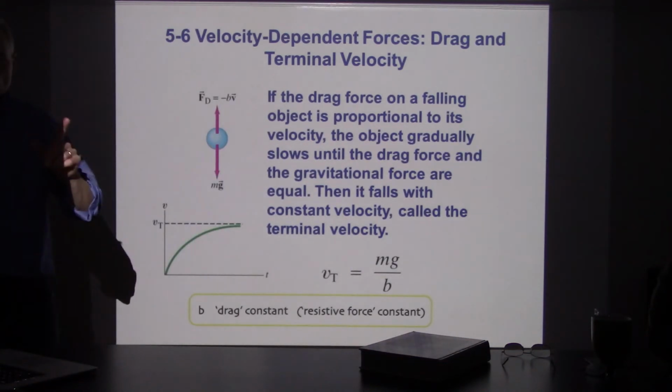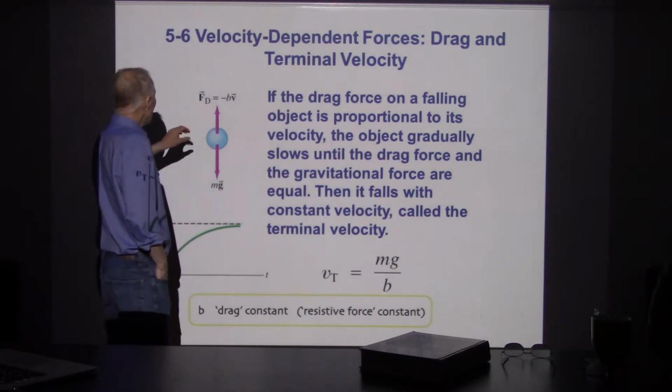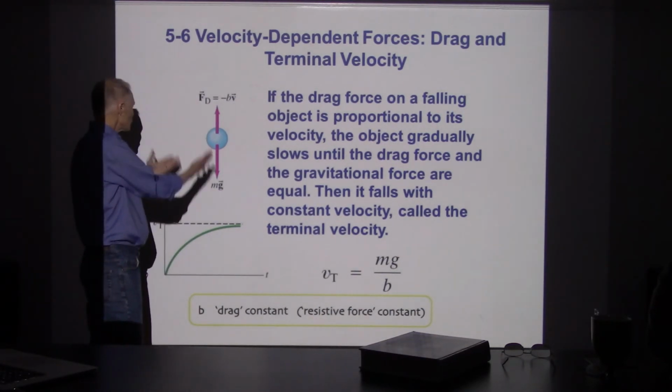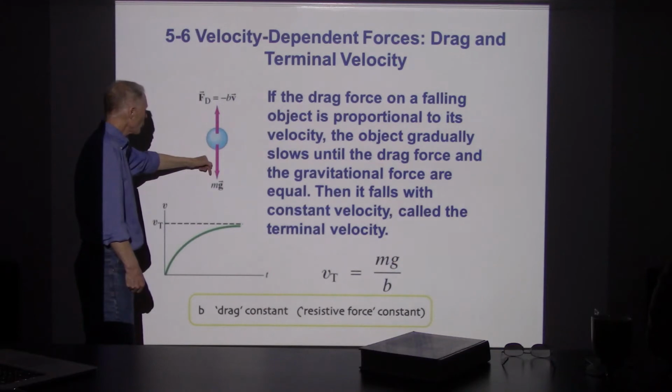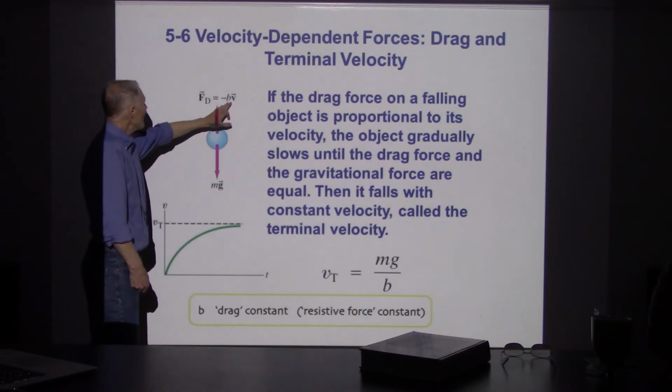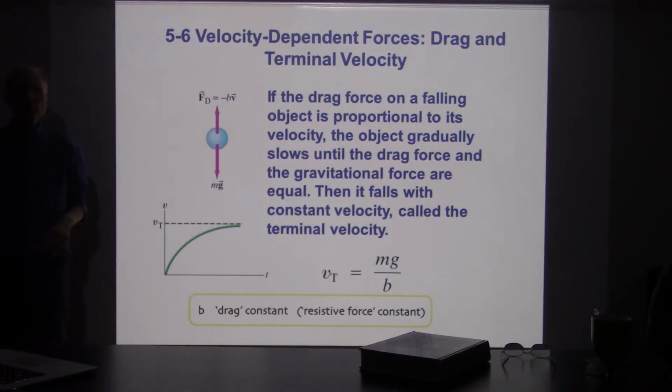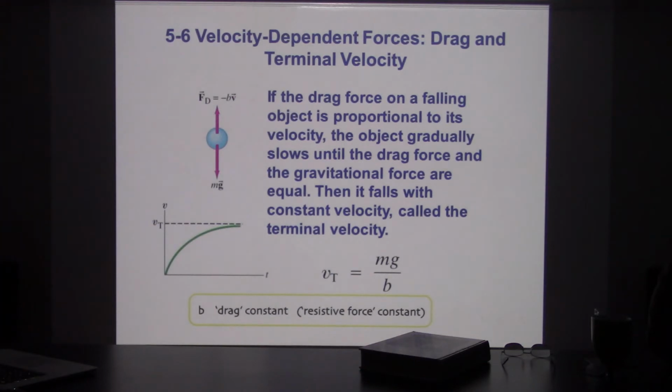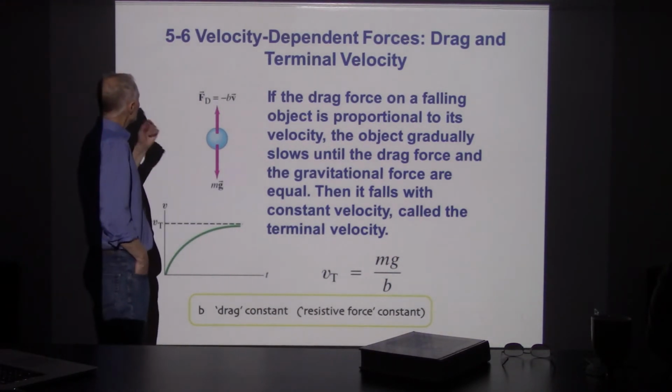If something gets dropped, so here is this object, and it's just going to get dropped. There's a gravitational force pulling downwards, and there is a resistive force in the opposite direction. Now it's kind of interesting to me that they've got this minus sign set up on the force.